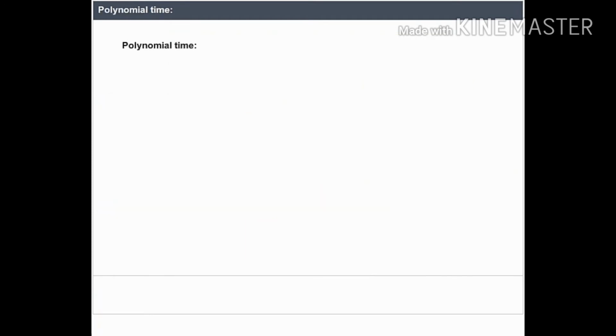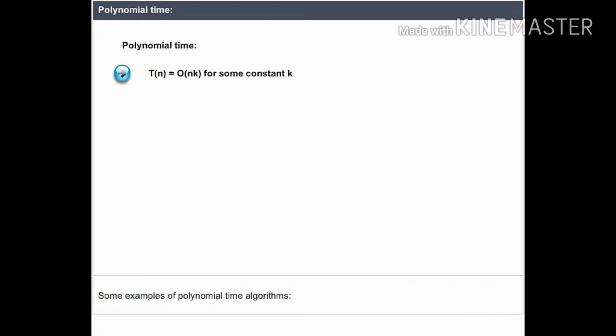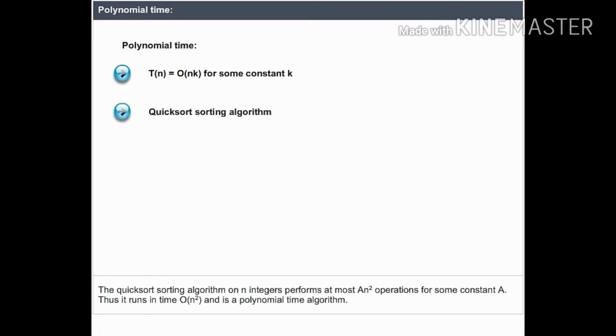Polynomial time. An algorithm is said to be of polynomial time if its running time is upper bounded by a polynomial expression in the size of the input for the algorithm. That is, T(n) equals O(n^k) for some constant k. Some examples of polynomial time algorithms: the quick sort sorting algorithm on n integers performs at most a n squared operations for some constant a.